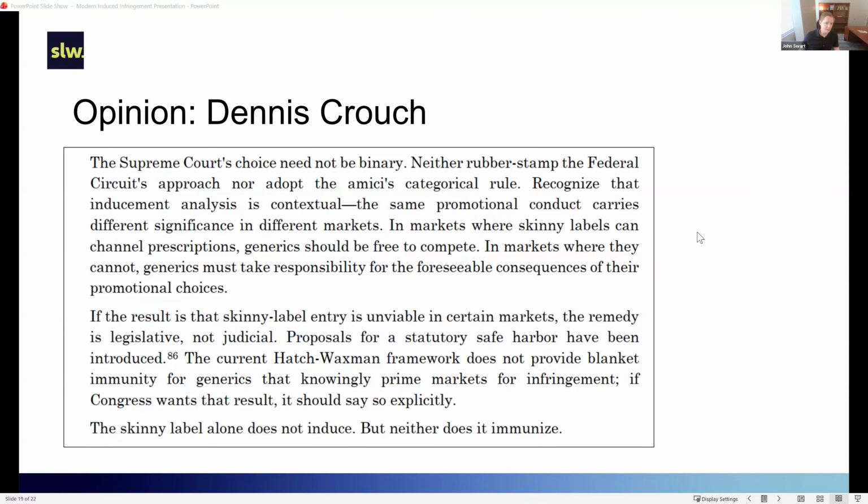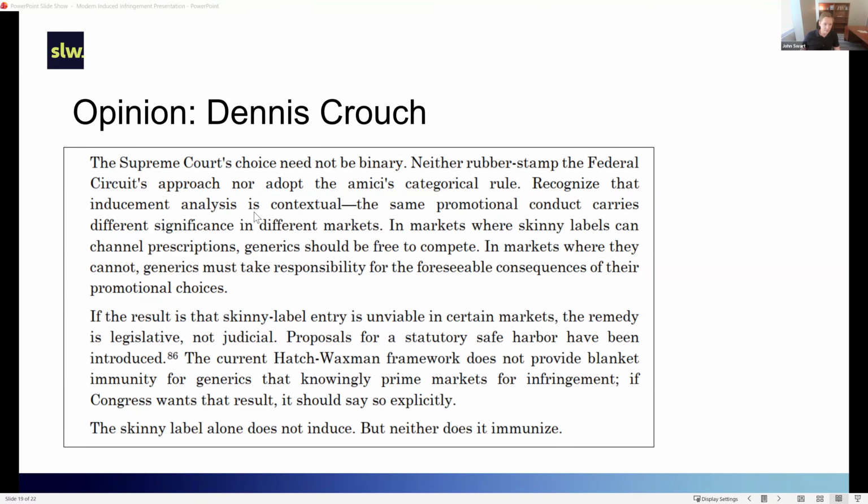if the market is all primed for infringement to take place, I think Crouch is arguing in this paper that effectively, even if the generic drug manufacturer is complying with the FDA's requirements, and even if they're not necessarily fostering that infringement, they don't need to.